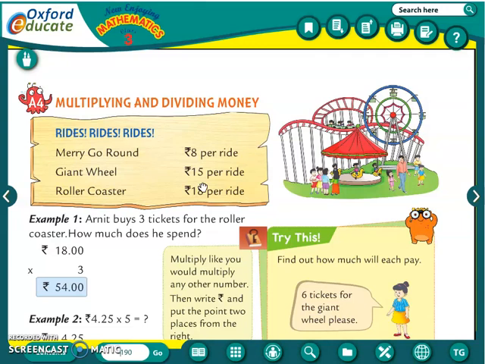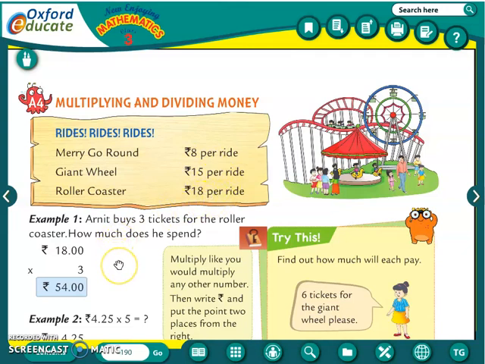Now how will we do this? So here rides are there: merry-go-round, giant wheel, and roller coaster. And what is the price of each ride? That is also given: 8 rupees per ride, 15 rupees per ride, and 18 rupees per ride.